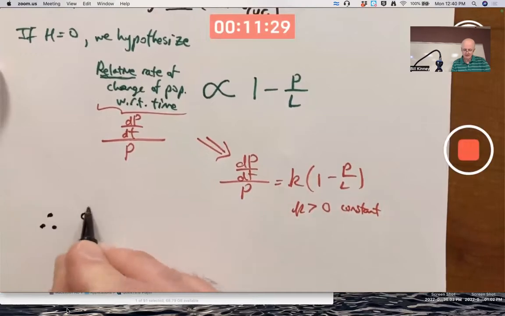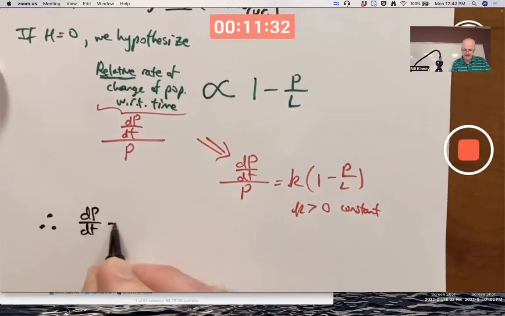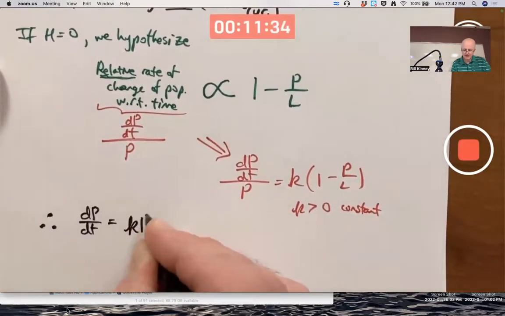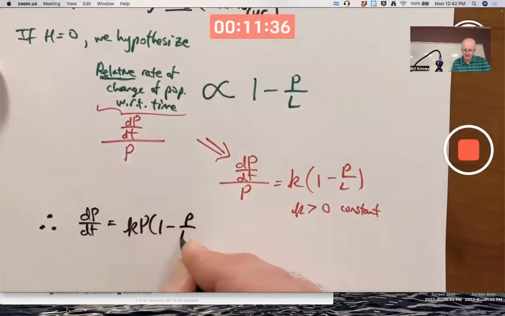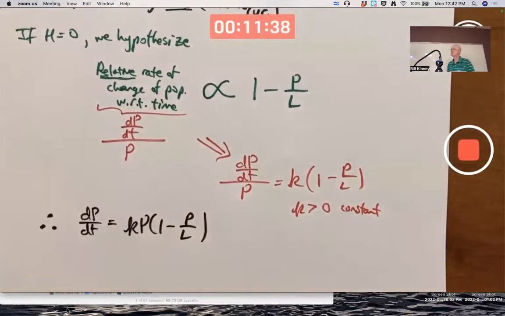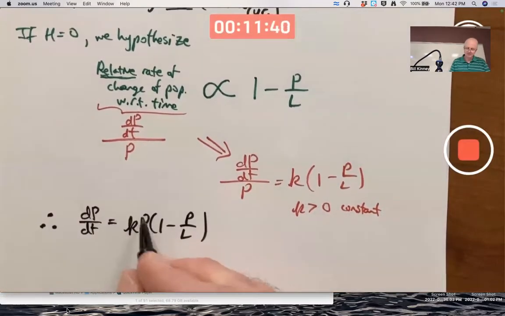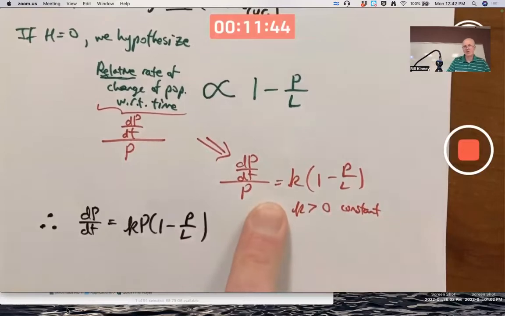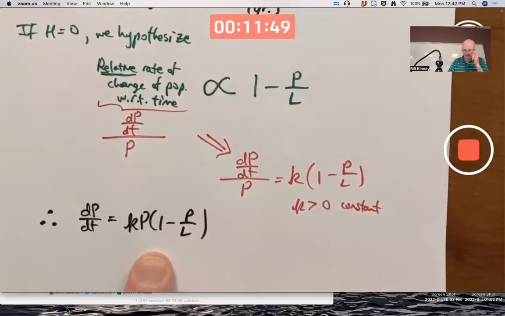Therefore, your differential equation is dP/dt equals k times P times 1 minus P over L. There's a differential equation, at least in the form we've been writing. I mean, this is a differential equation too, but this is more in the form we've been writing them.